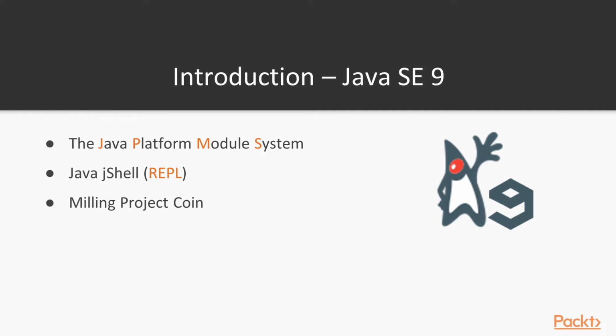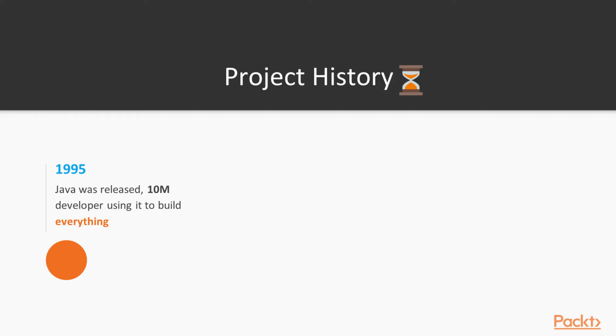So, now let's have a look at the Project Jigsaw history. The Java system, or Java SE platform, has been around since 1995. There are now approximately 10 million developers using it to build everything from small applications for resource-constrained devices like those in the Internet of Things, IoT, and other embedded devices to large-scale business-critical and mission-critical systems.